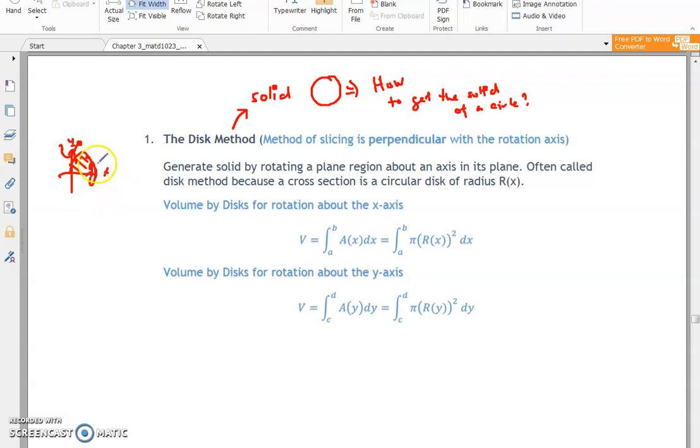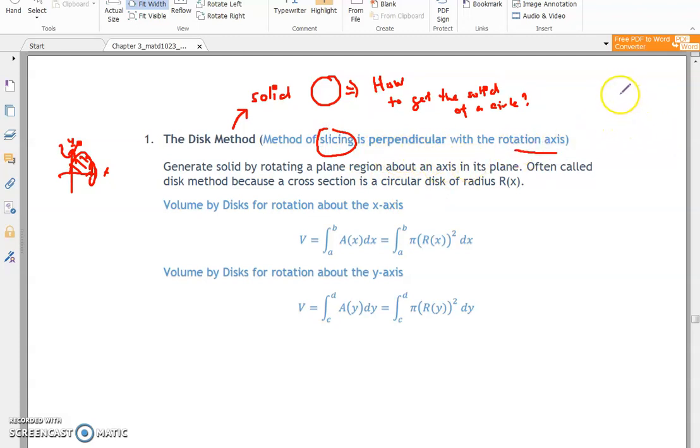So in our question, I will mention the rotation axis, and we are going to do the slicing part. We must also choose the slicing method, which depends on the rotation axis.